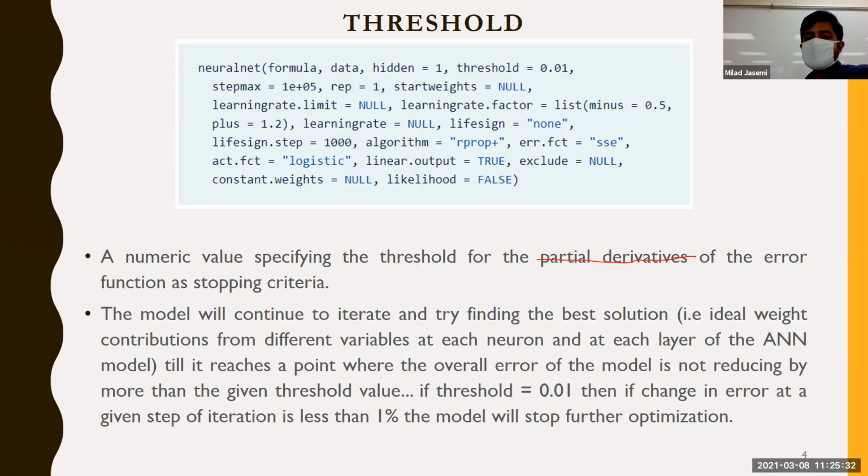That's much easier. So the name is threshold in neural network, but it's nothing more than this: for example, if now your error is 100, and the next one is 99.9, it would stop because the improvement is less than 1%.